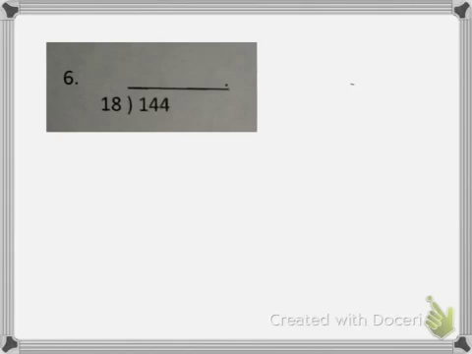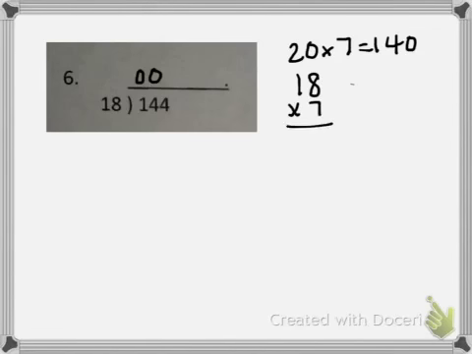Number 6. 18 going into 144. Well, I know 18 can't go into 1, and it can't go into 14, but I'm going to estimate. I know that 20 times 7 is 140. So I'm going to start with 18 times 7, and see what that product is. 7 times 8 is 56, carry the 5. 7 times 1 is 7, plus 5 is 12.